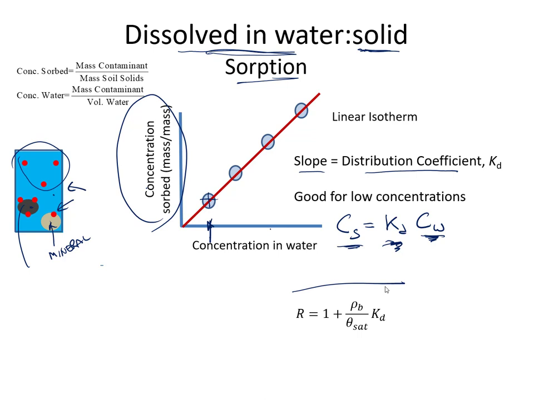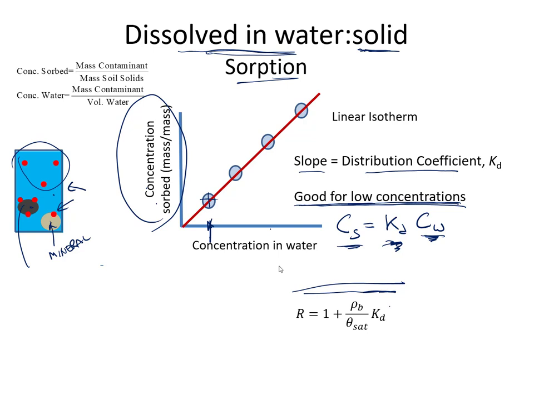And when we can express partitioning using KD, which is going to be typically for low concentrations, then we can use this to calculate or at least to estimate what the retardation factor is. I mentioned here that this relationship between the sorbed concentrations and the concentration of water is good in many cases when the concentration is quite low.